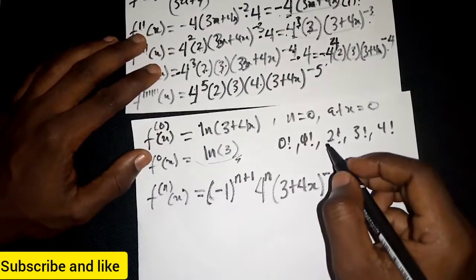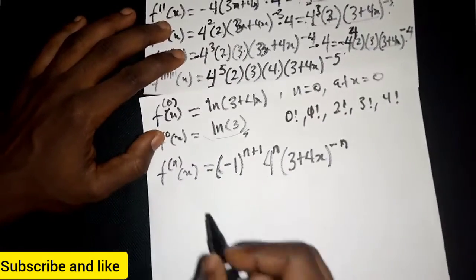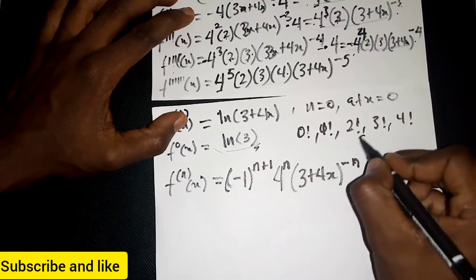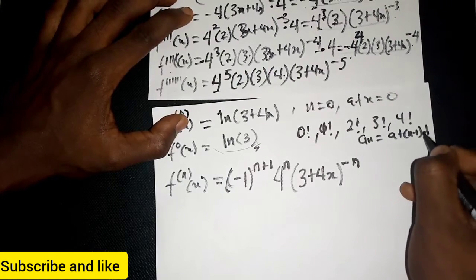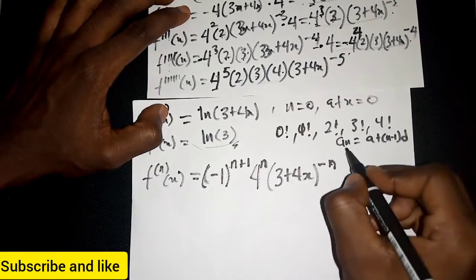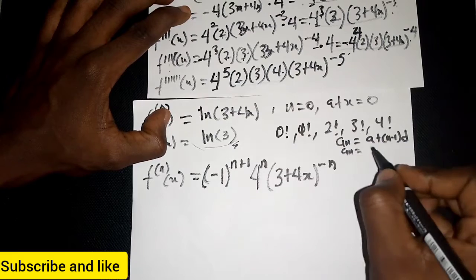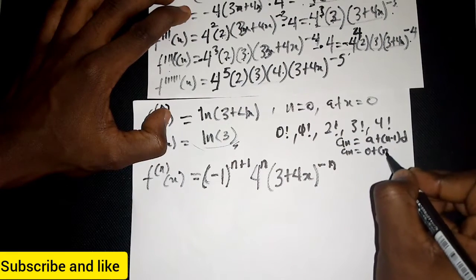You have a_n equal to a plus n minus 1, multiplied by the common difference. Now the first term is 0, so we have n minus 1.